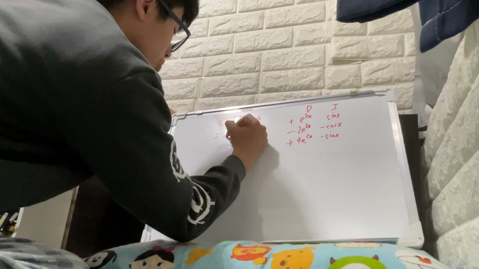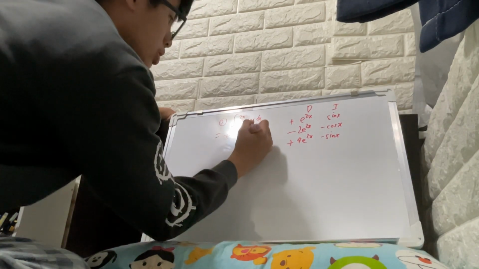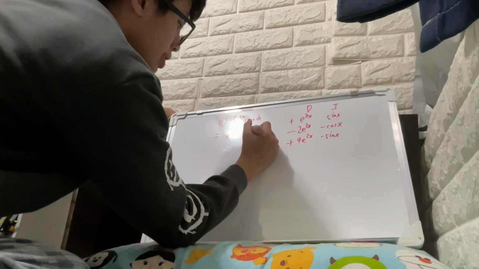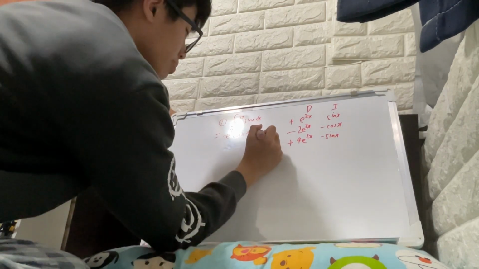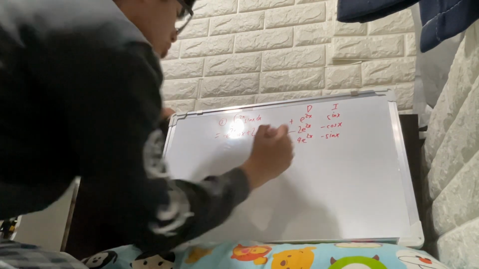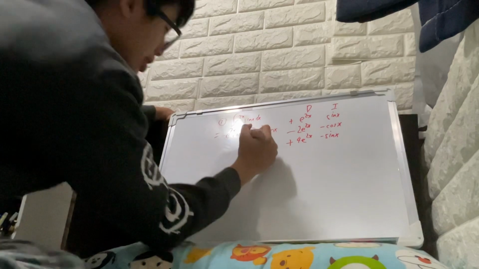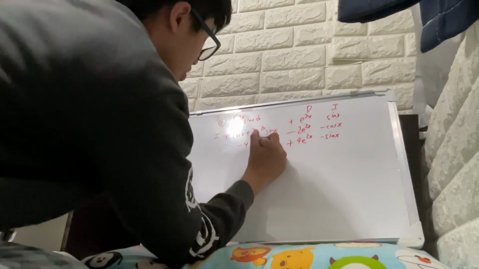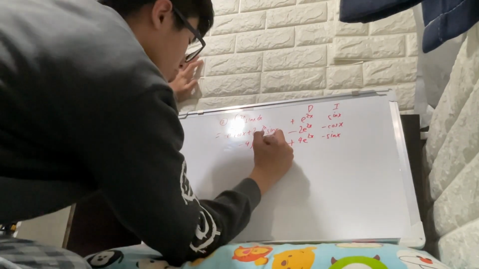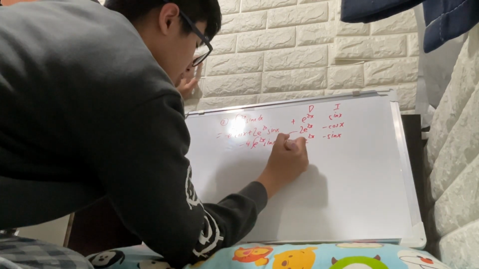So let me continue here. Negative e to the 2x cosine x, and then this time that becomes positive 2 times e to the 2x sine x, and then minus, because 4 is a constant, you can put it outside the integral, so you get negative 4 times the integral of e to the 2x sine x dx.